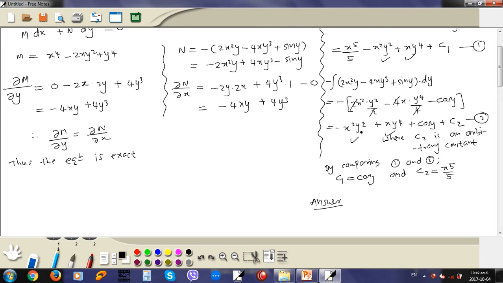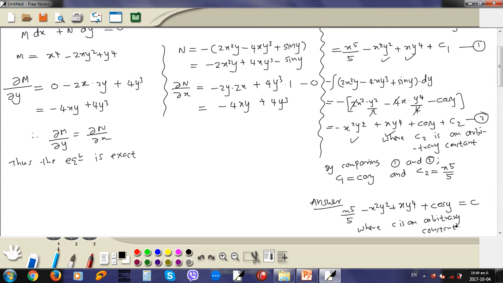I am writing this: x to the power 5 over 5, minus x squared y squared, plus xy to the power 4, plus c1. Instead of c1 you can write cos y equals c, where c is an arbitrary constant.